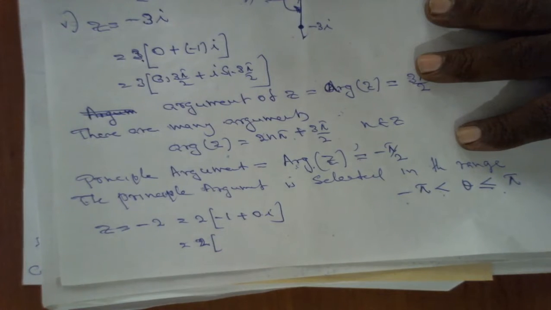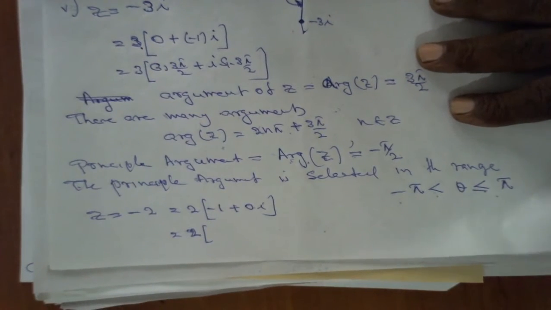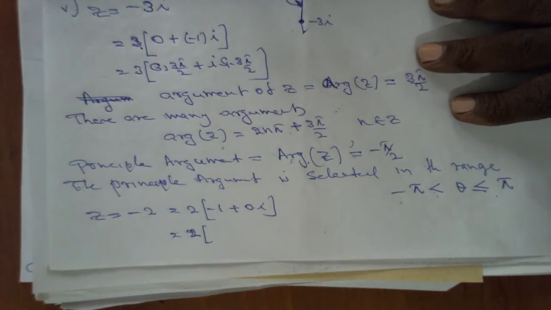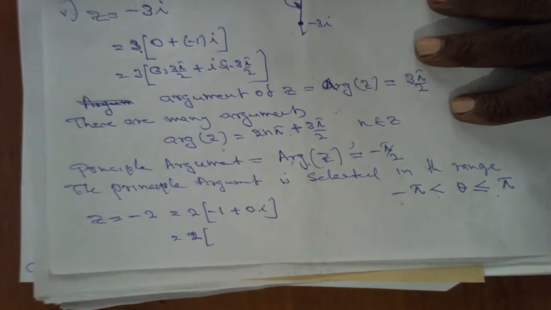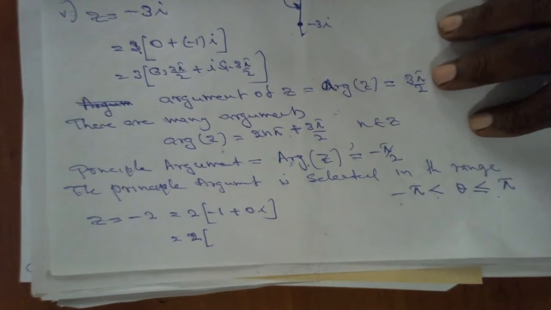In terms of principal argument, tell me the angle. What is the corresponding angle? Where is minus 2 in the Argand diagram?